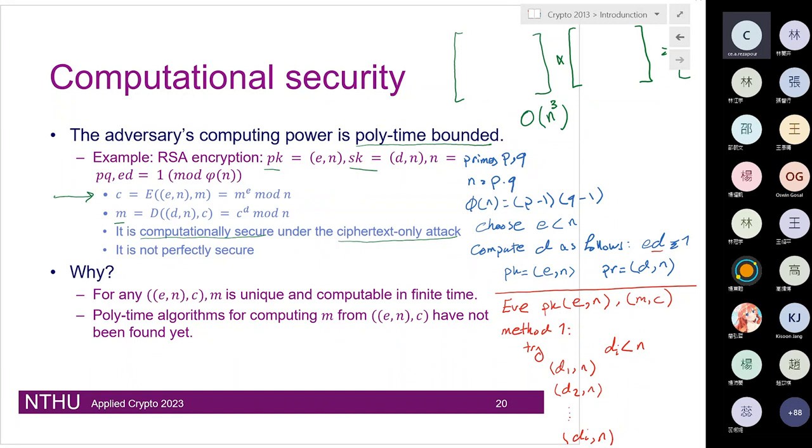But this does not mean that whenever you see computationally secure crypto systems, they can never be broken. Eventually, the adversary would be able to break it, but it would take a very, very, very long time. And by the time they break the system, maybe the information doesn't have a value.